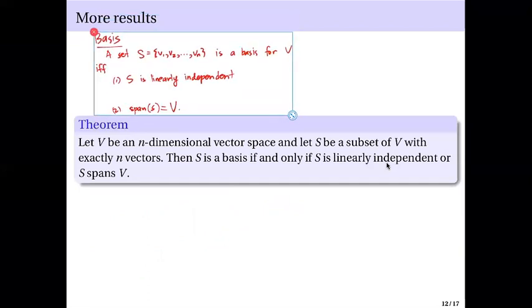So you have here, a set S is a basis for V if and only if you got these two. Okay? This time, the dimension of V is equal to n. Okay? So the dimension of V equals n. The number of elements in the set S is also n. Okay? The theorem says you can just check this guy or this guy. S is a basis if and only if S is linearly independent or spans V.